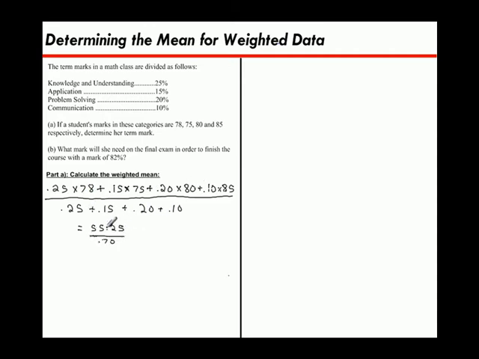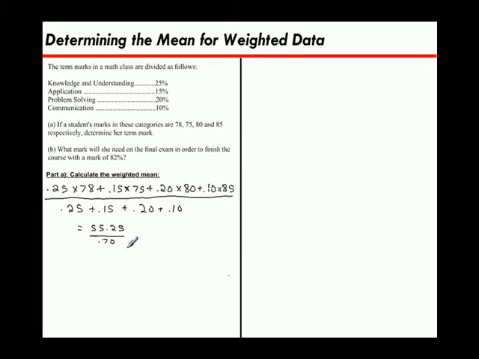So for the top, I got 55.25, and then the bottom, we added all these decimals together, and we get 0.70. Now, what do you think is significant about this 0.70? Well, if we added up all these categories, it looks like the term marks are 70% of the course, which must mean that the final exam is going to be worth 30% or 0.3.